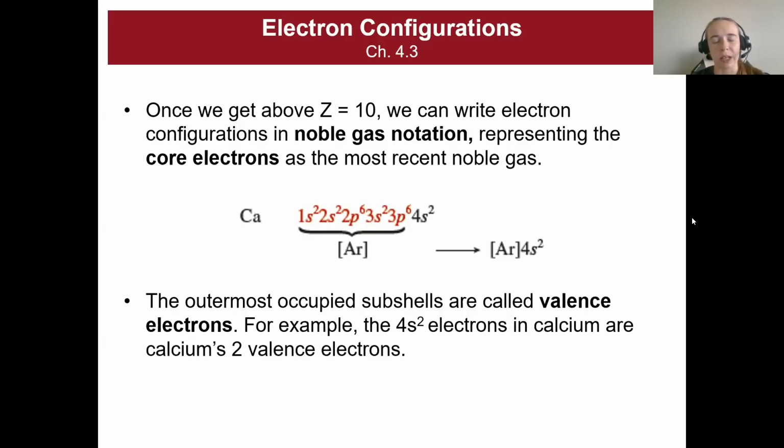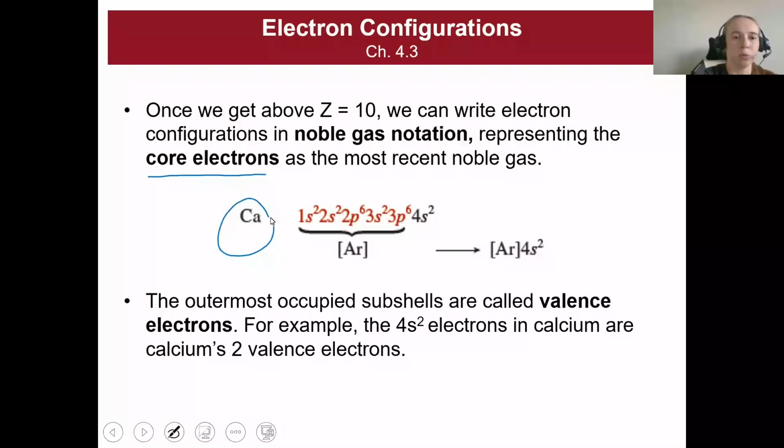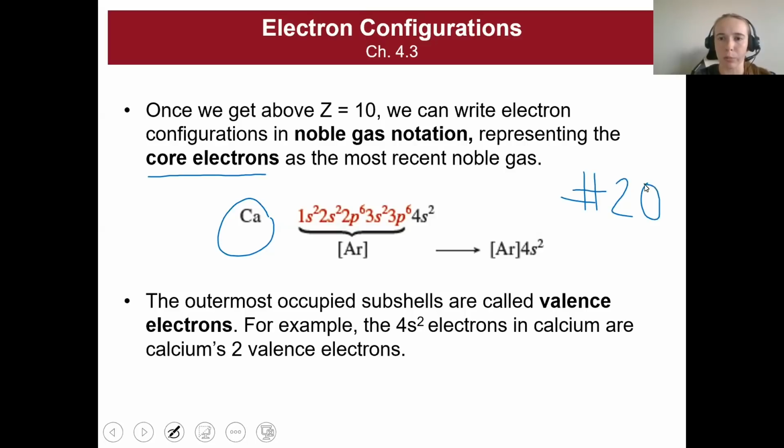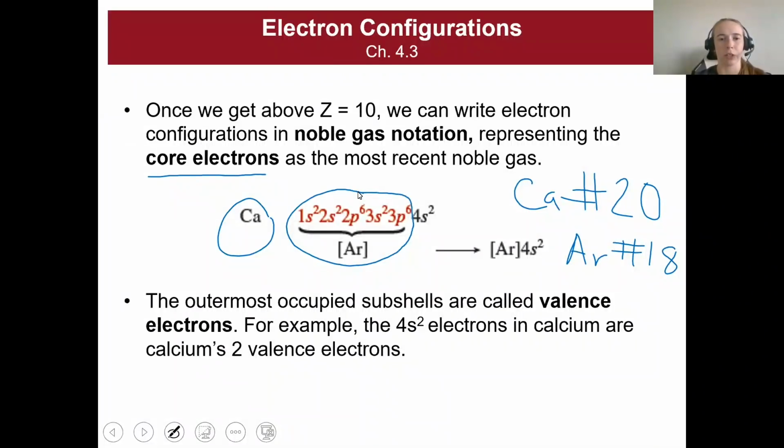So noble gas notation means we have core electrons as the most recent noble gas. For calcium, for example, the most recent noble gas was argon. Calcium is number 20 on the periodic table, and argon is number 18. So these core electrons are the electron configuration for argon.